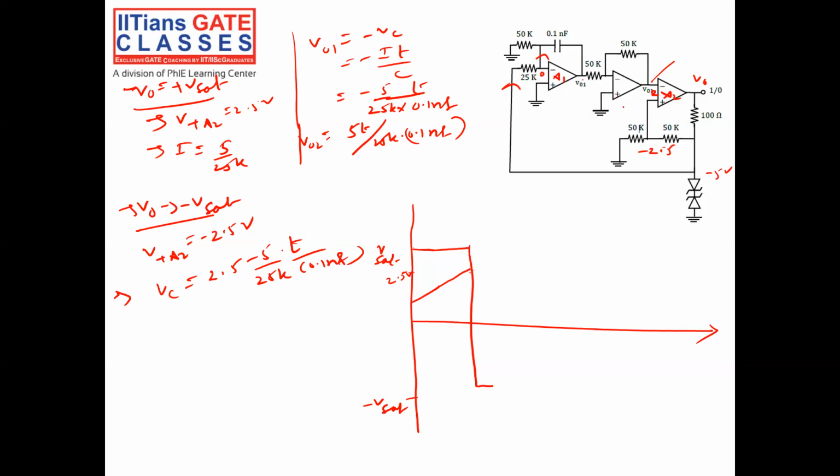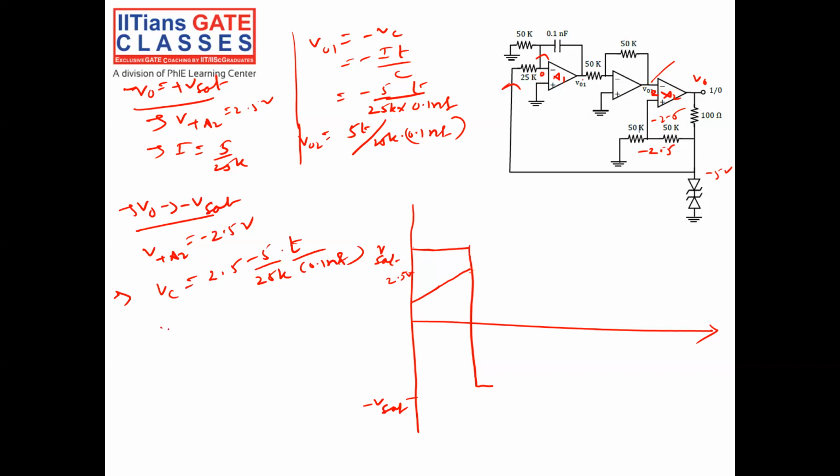So this is minus 2.5 volt. Now I am in minus V set. In order to switch the state, my output should go on decreasing. So what is V01? V01 is minus Vc, and V02 is again minus.